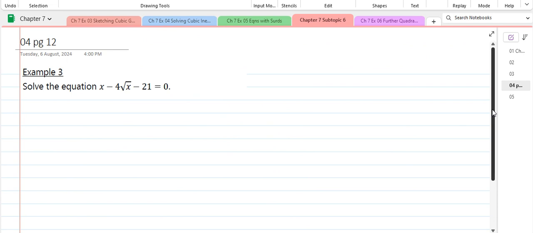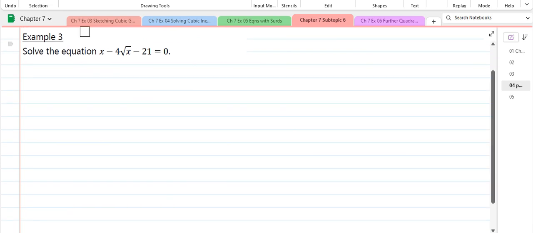So here you have the equation x minus 4 square root of x minus 21 equals to 0. Over here, because this is a power of 1 and square root of x is x to the power of half, so it is a smaller power.